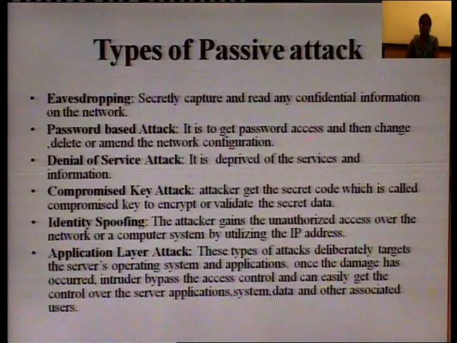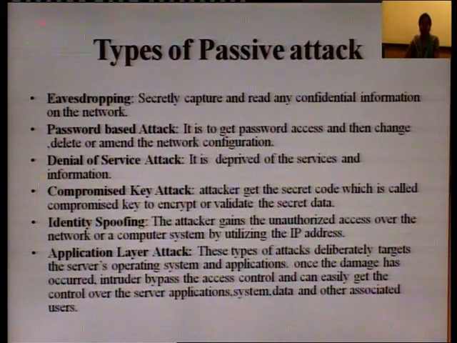Next comes identity spoofing. Identity spoofing is an attack in which the attacker gains unauthorized access over the network or computer system by utilizing the IP address. It means he takes over your IP address and uses it for unauthorized attacks. This is known as identity spoofing, in which the user hides their identity.